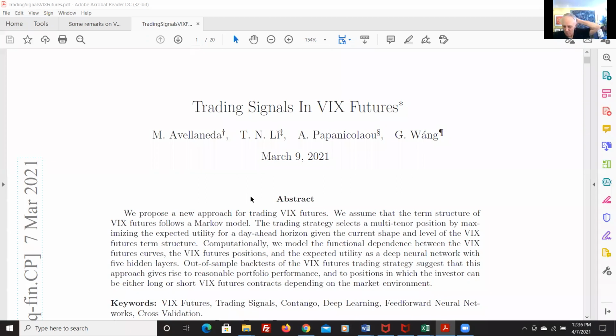So I want to cover two things. First, a little bit about volatility futures and a little bit about the model. And then after that, how do we carry this out in practice? And this will have some back testing, okay? Back testing is a very, very bizarre art because it's empirical and it's also very in sample.